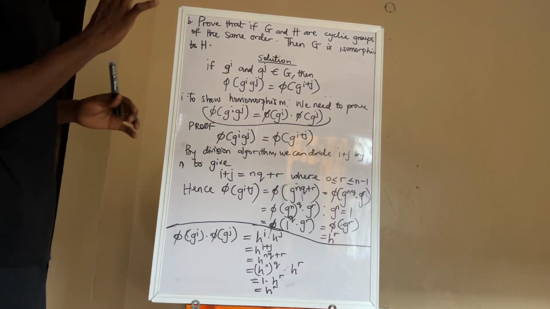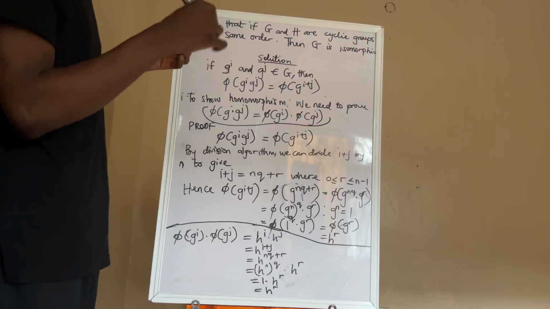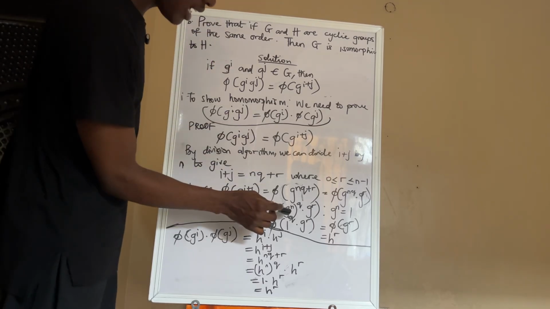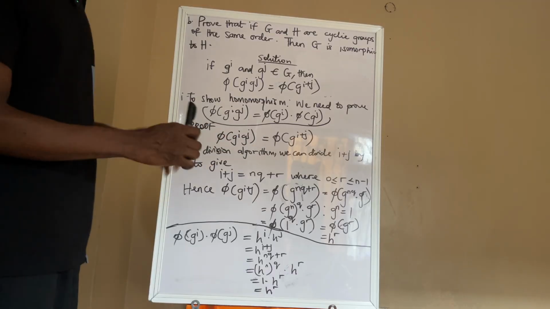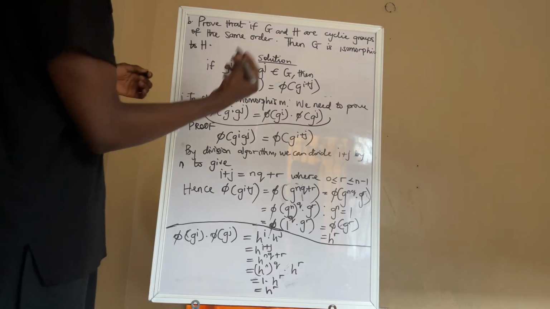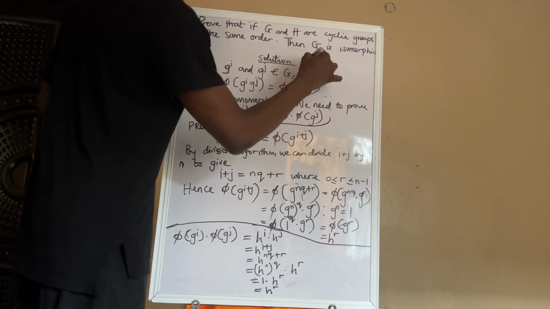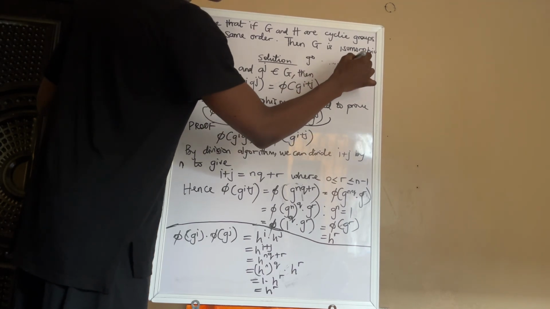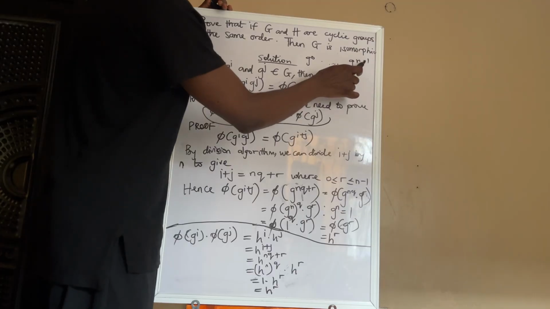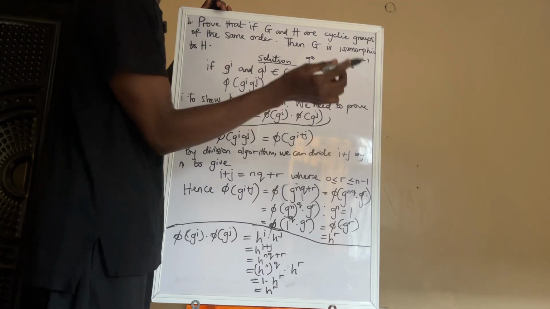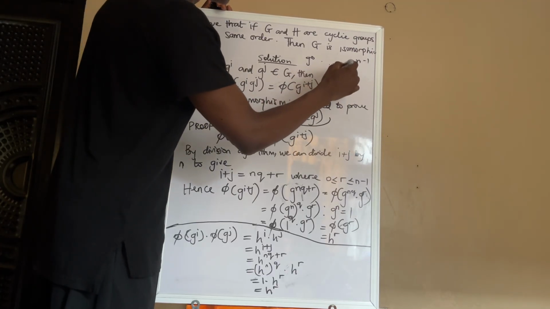Now this is exactly where you start getting something interesting, because we know that g^n is equal to 1. How do we know that? Because it is a cyclic group. We're going from g^0 all the way to g^(n-1). After n minus 1, the next term is g^n.